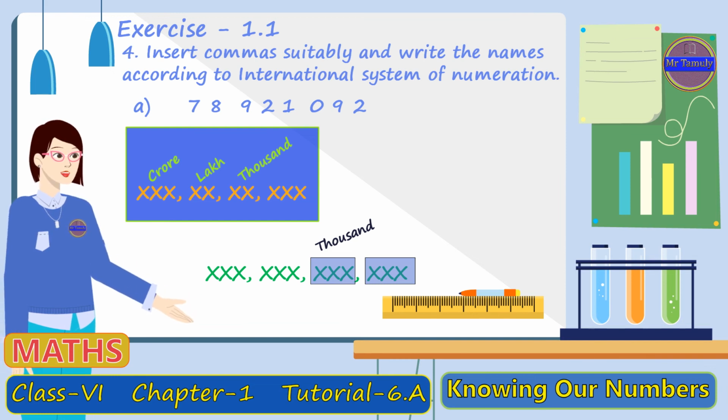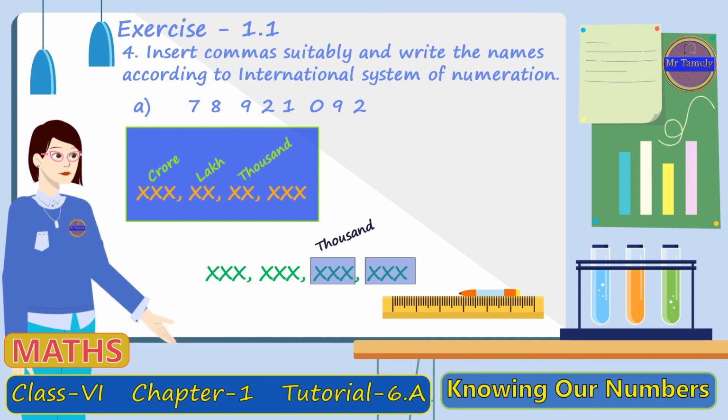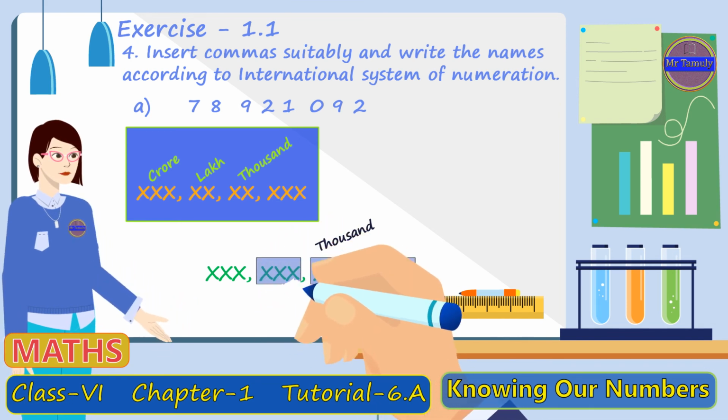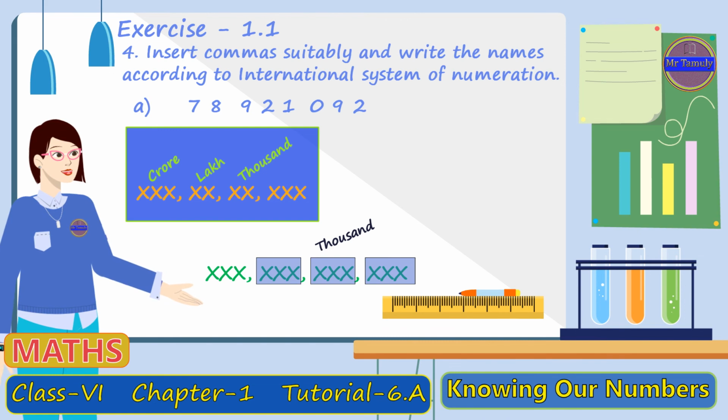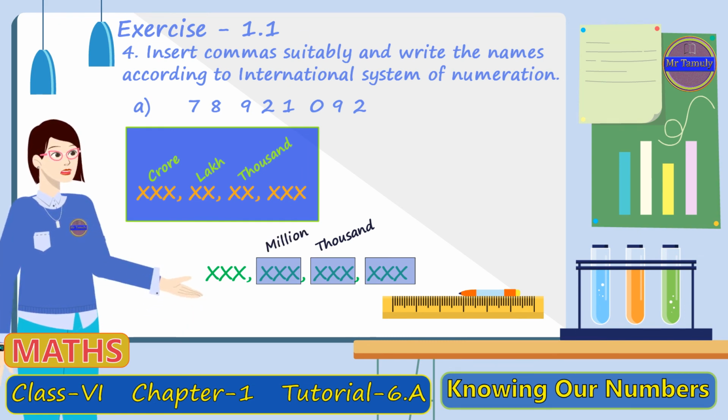You should carefully note the differences between the Indian format and international format of numeration. Coming back to the international format, the next comma appears after the next 3 digits. These 3 digits together have the name million, and the remaining digits have the name billion.